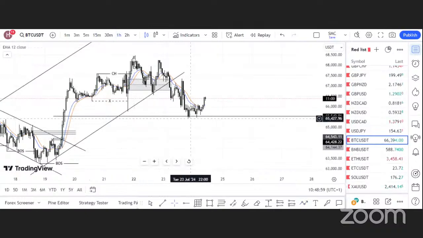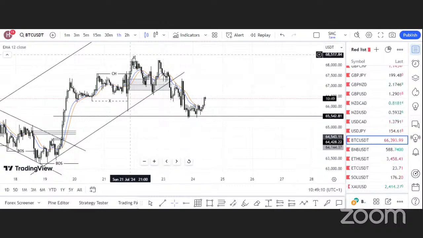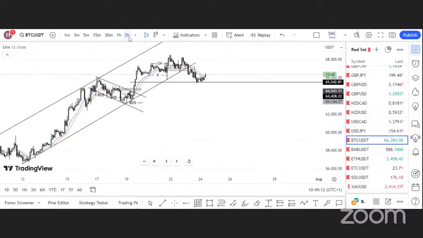So yesterday I drew this line and then I said the market was going to reverse from this level. So you see what happened? Immediately the market got to my line, it immediately took off, and then the market started making a bullish move.